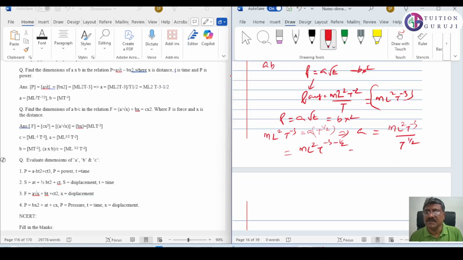Okay, is equal to m L square T to the power minus 7 by 2. Okay, this is A.